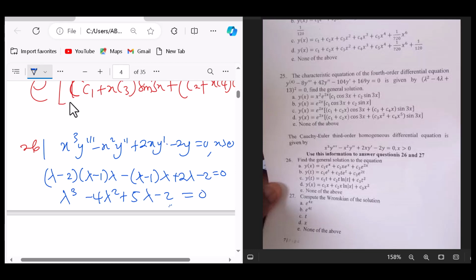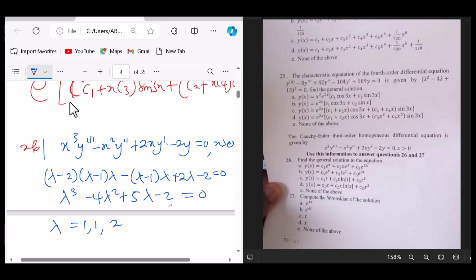So solving this, lambda will be equal to, let me see, I think we'll get lambda to be 1, 1, 2 or so.